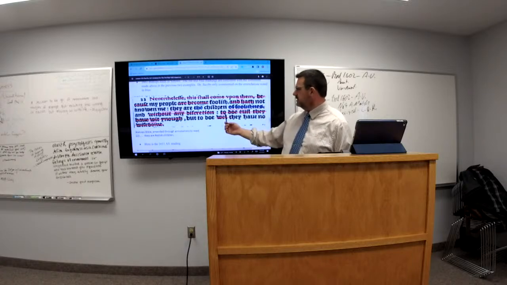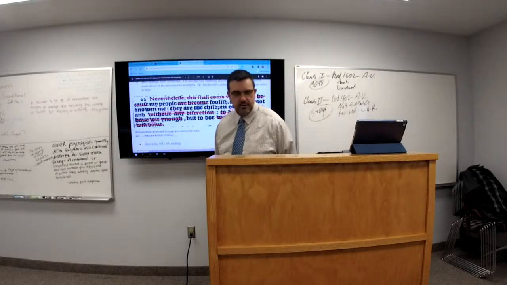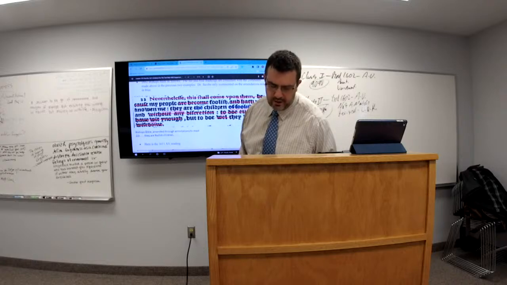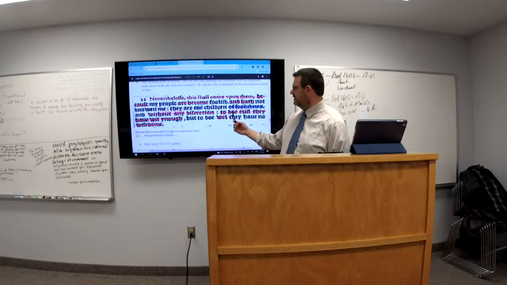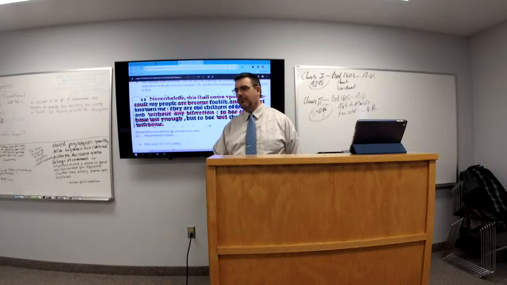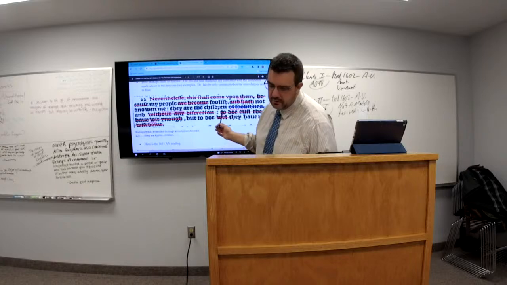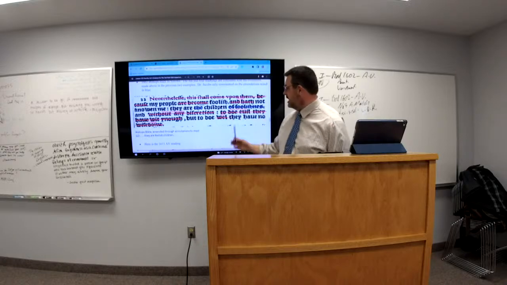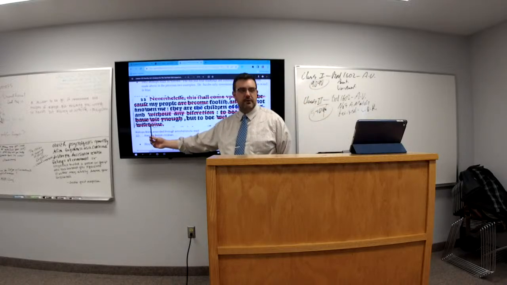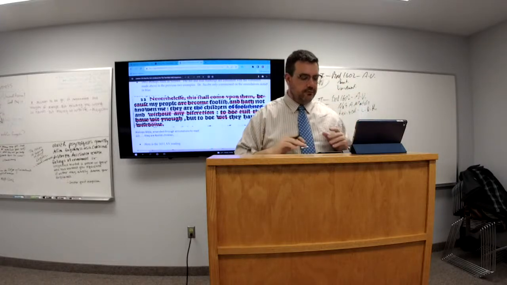Then this is changed to "do evil, they have wit enough," which is then changed to "they are wise to do evil," which is way more readable. But "to do good, well, they had well" is changed to "good," and "they have no wisdom" at the end is changed to "they have no what? Knowledge." So Jeremiah 4:22 is heavily changed from where it starts.